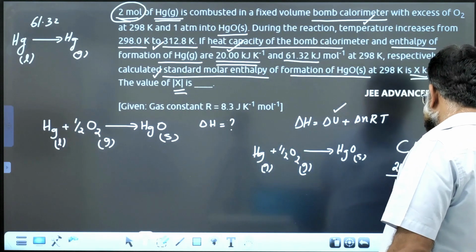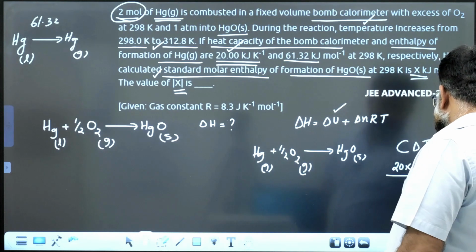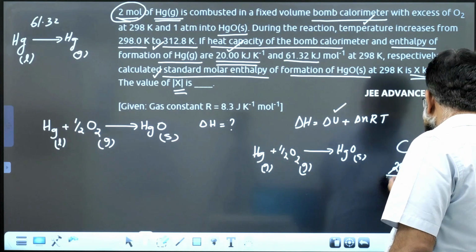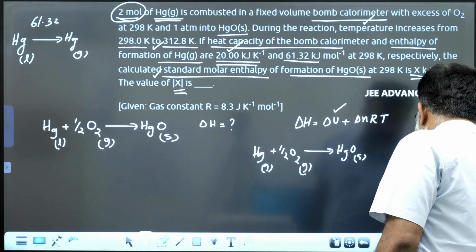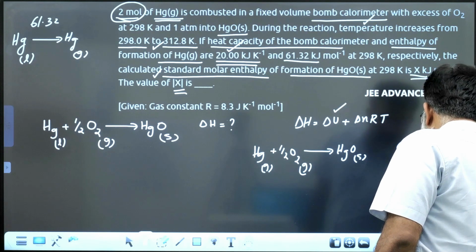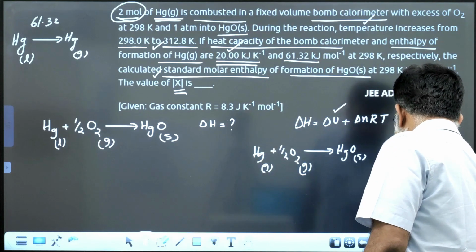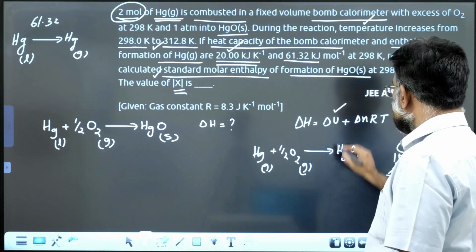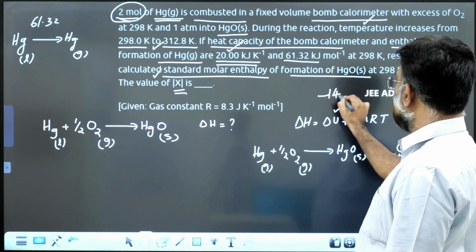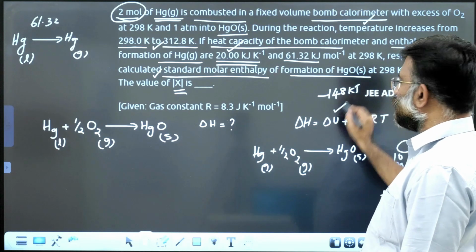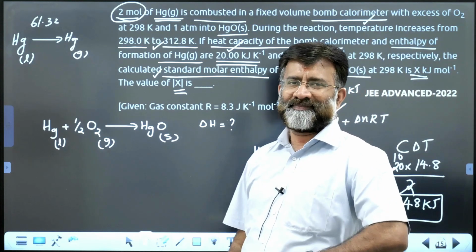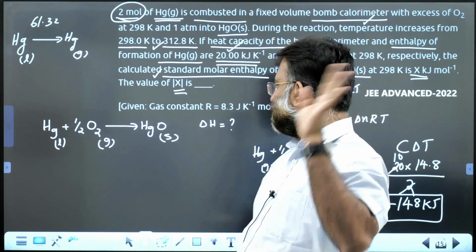It will be divided by 2. So it's 148 kilojoule. Since it is a combustion process, it is minus. So delta U, you have been able to get as minus 148 kilojoule per mole. Hope it is clear. Fine.